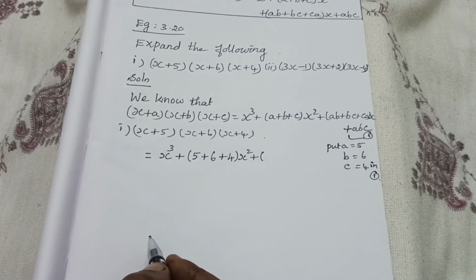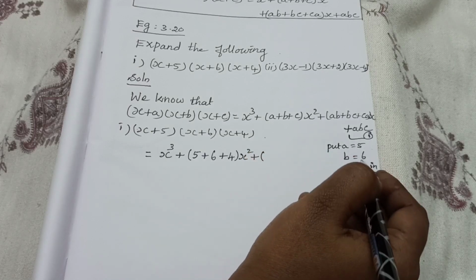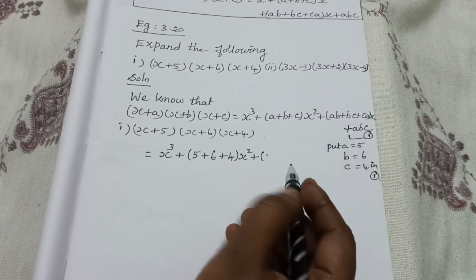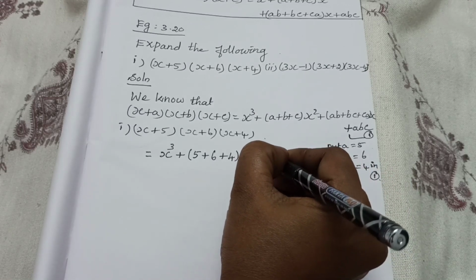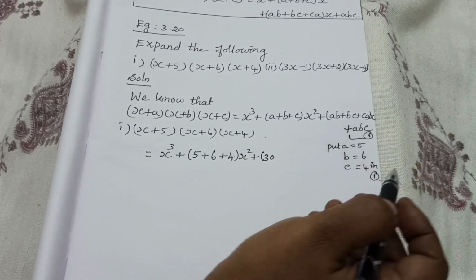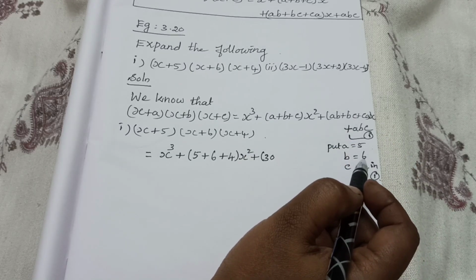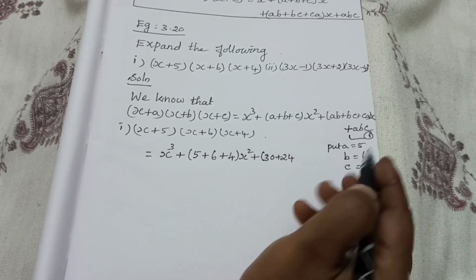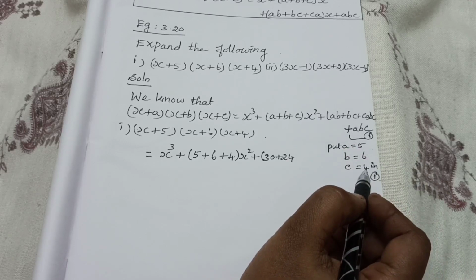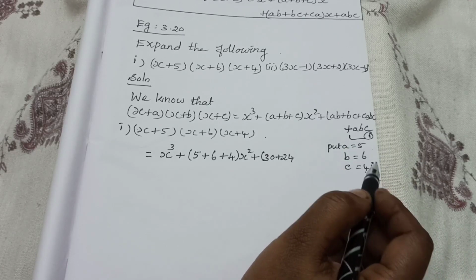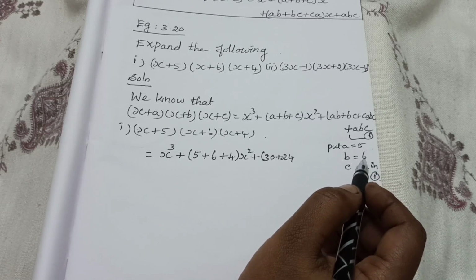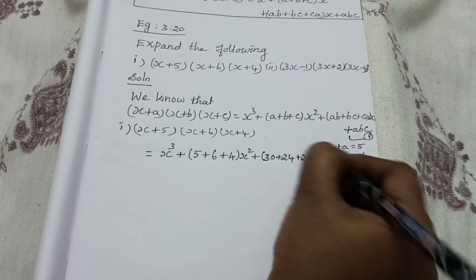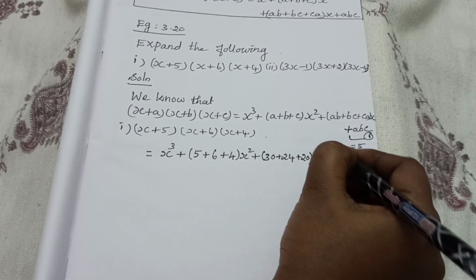Open the bracket: a into b is what? 5 into 6 is 30. Then bc, b into c: 6 4s are 24, plus 24. Then ca means 4 into 5. 4 5s are 20, plus 20, close the bracket, into x.